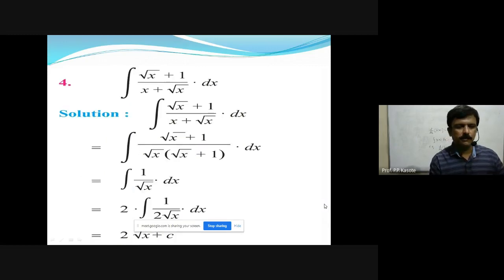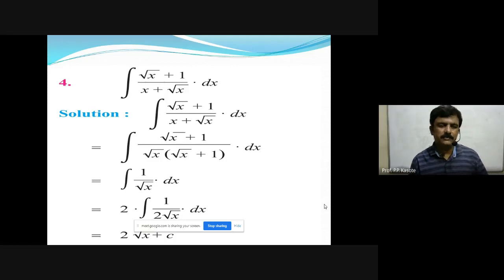Now see the fourth example, that is integral of root x plus 1 upon x plus root x into dx. One function is given to us. We can say that it's an algebraic function, and we are asked to find the integral of this function.